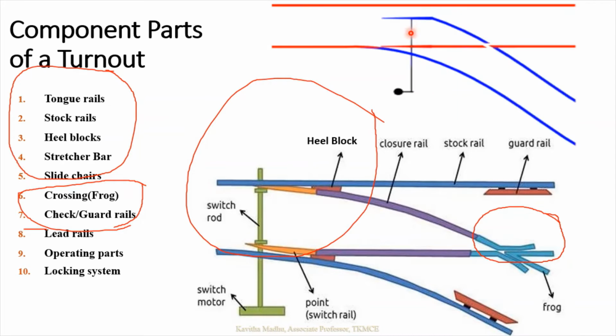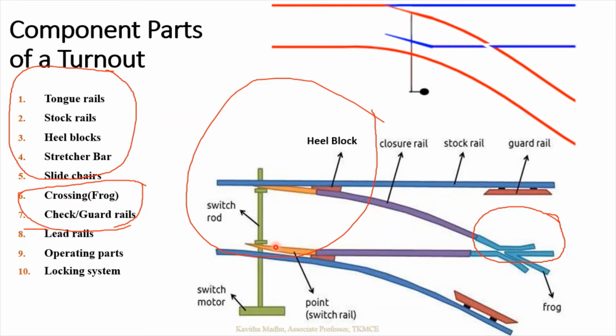Depending upon the gap between the tongue rails, the switch again has different parts. Here you can see this orange one, which is known as a tongue rail, a moving part. This tongue rail may attach to the stop rail, or it may move away from the stop rail. Once it attaches to one side of the stop rail, there will be a gap between the other tongue rail and the stop rail, through which the flange can move.